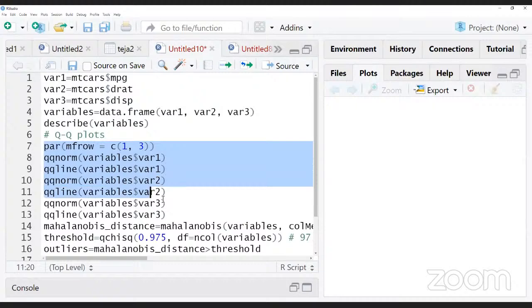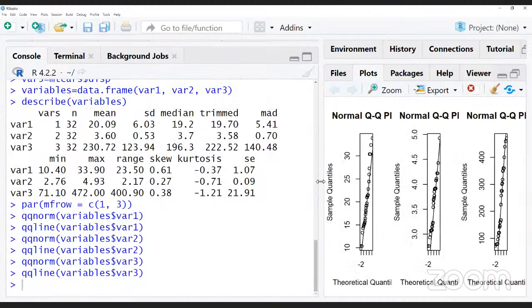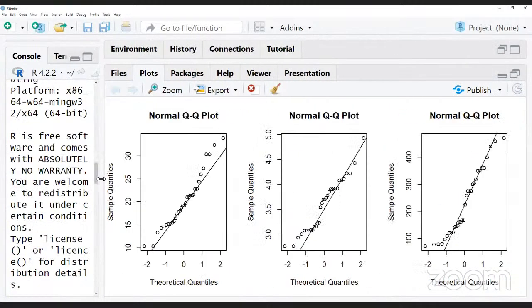Next. So this is the QQ plot. So this plot indicates that the variables are following the normality.